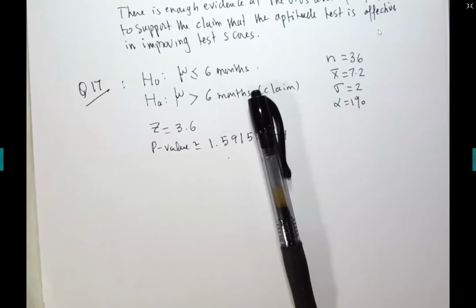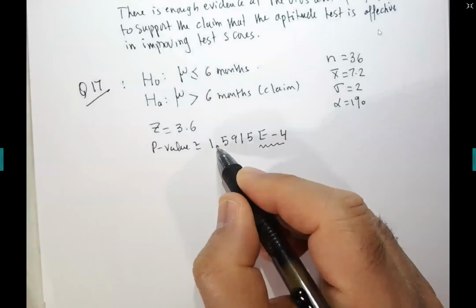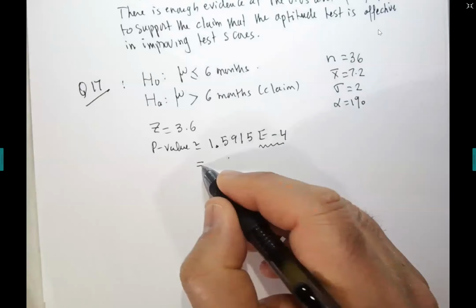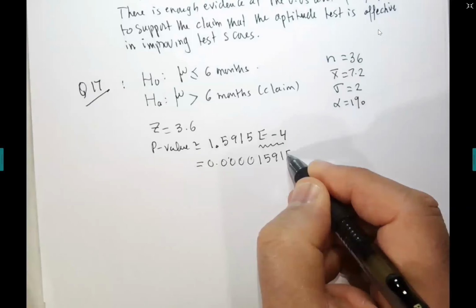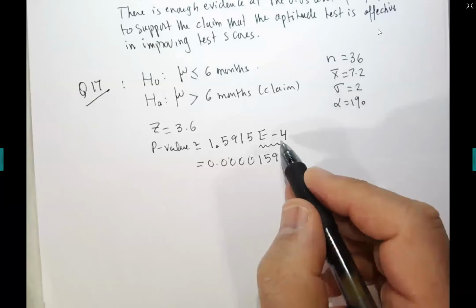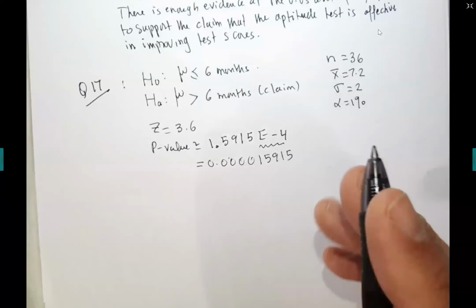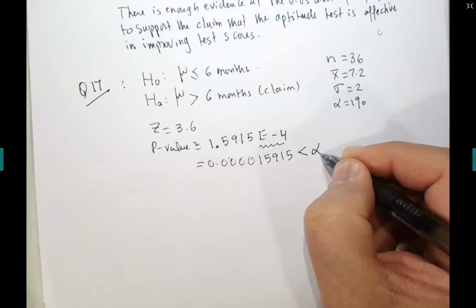So the E minus 4, guys, means that you have to move this decimal place 4 digits to the left. So actually the p-value is this. You can assume when you see the E minus 4 or minus 5 or minus 6, whatever, that the p-value is almost 0. You will be safe to make this assumption and make it less than alpha. So reject H0.